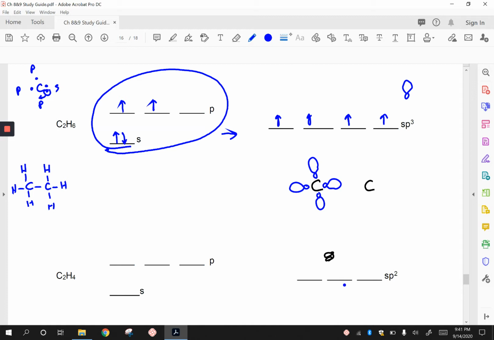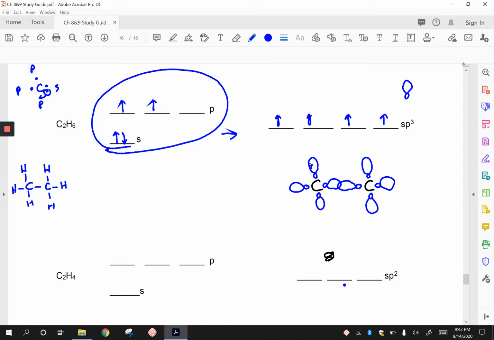And I'm going to do the same thing for here. This carbon has 1 sp3 here, 1 here, 1 here, and 1 here. So all of these are sp3s.